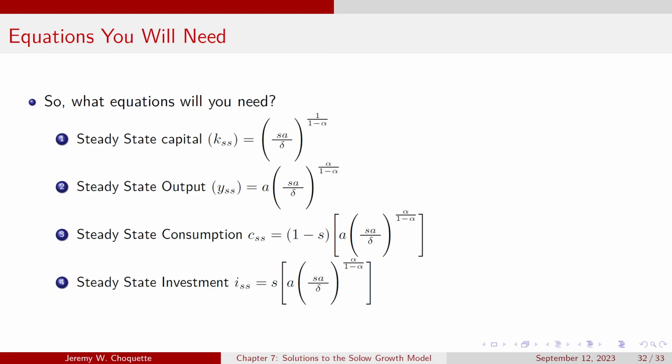Now let's think about that A term. If A goes up, if I get something that's driving technological growth in the economy, I'm probably going to get more capital. Let me think of a cool invention that we all know.